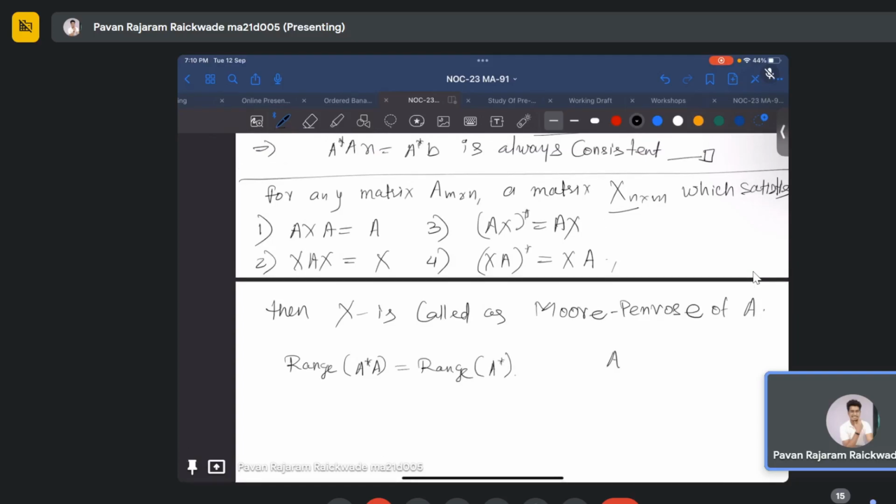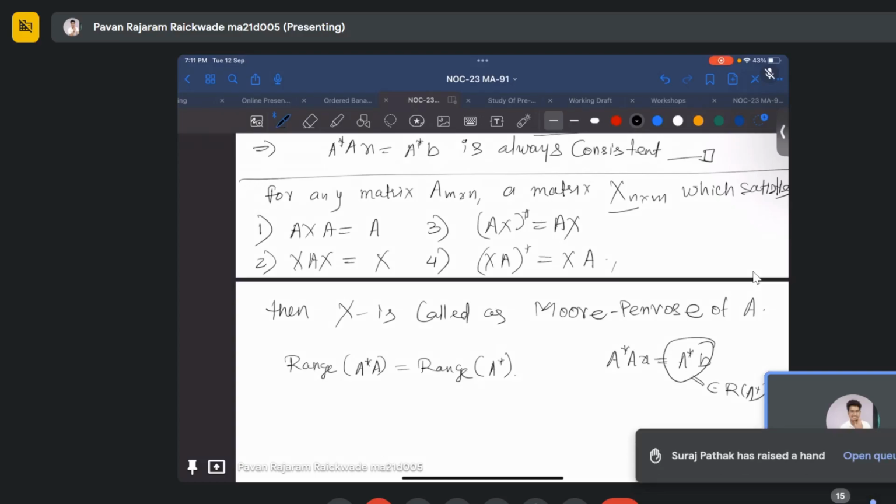Now what is my system? A star A x equals A star B. Now this element A star B belongs to the range of A star, right? Yes, sir, of course it belongs to the range of A star. That implies A star B should belong to the range of A star A also, because they are the same.